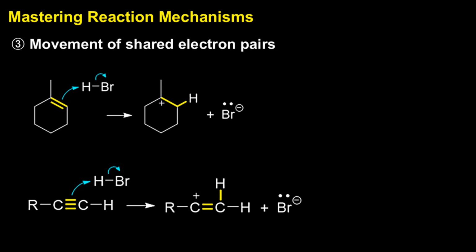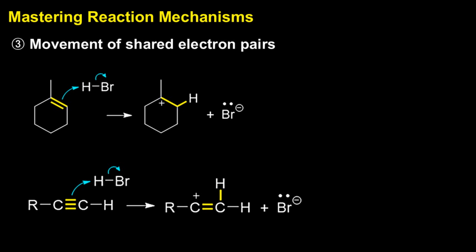Now let's shift over to electron movement in shared electron pairs. This kind of movement shows up in reactions involving pi bonds and sigma bonds. A great example is the addition of HBr to an alkene. The hydrogen from HBr bonds to one of the carbons in the double bond, and then the Br- ion attaches to the more stable carbocation that forms.